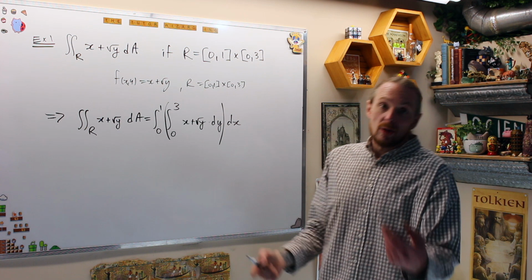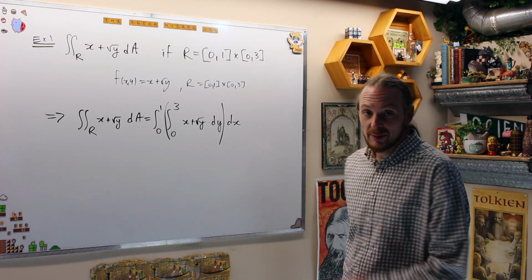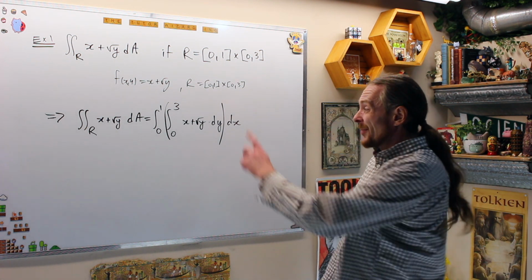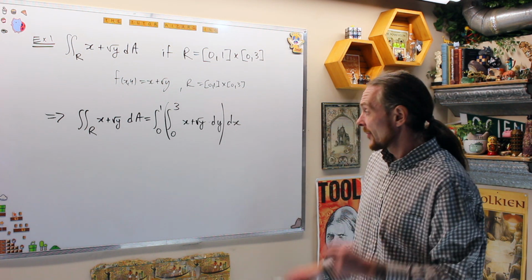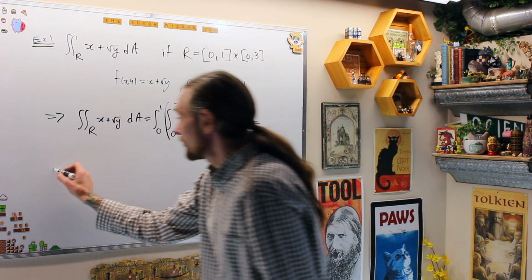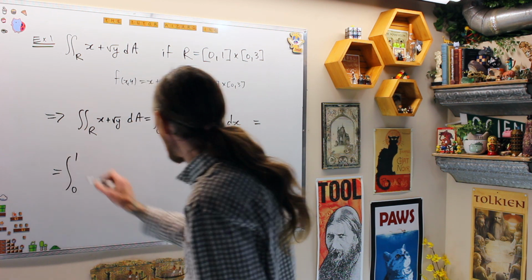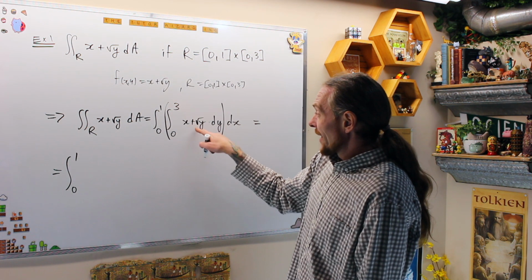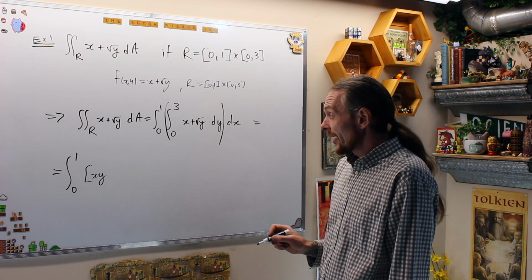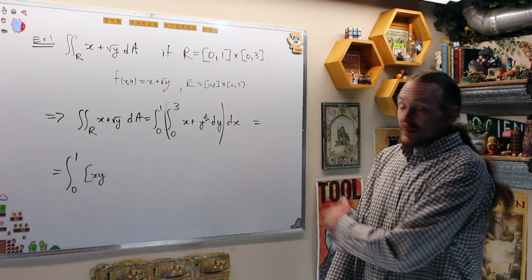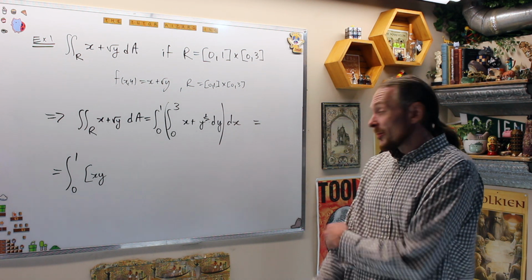At the beginning, or always, it's a good idea to put the brackets in to help you remember what you did. I'm ignoring x and holding it constant, integrating with respect to y. Doing that, I get the integral from 0 to 1 of, what do I get? First of all, I'm integrating with respect to y, so I get xy in the first term. In the second one, square root is exponent 1/2. Now I use the power rule.